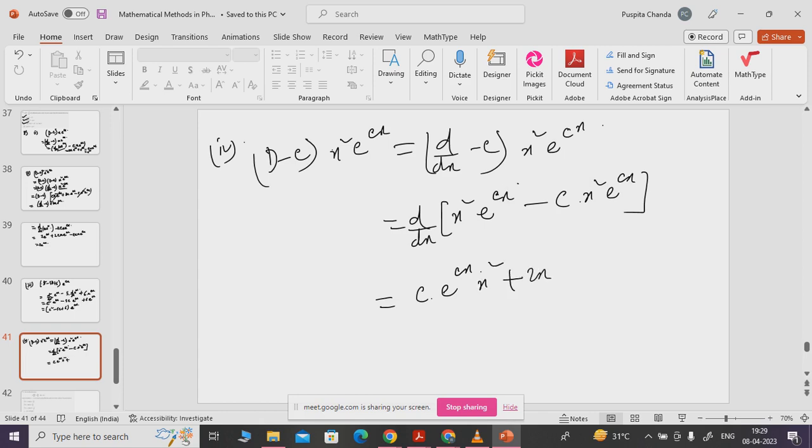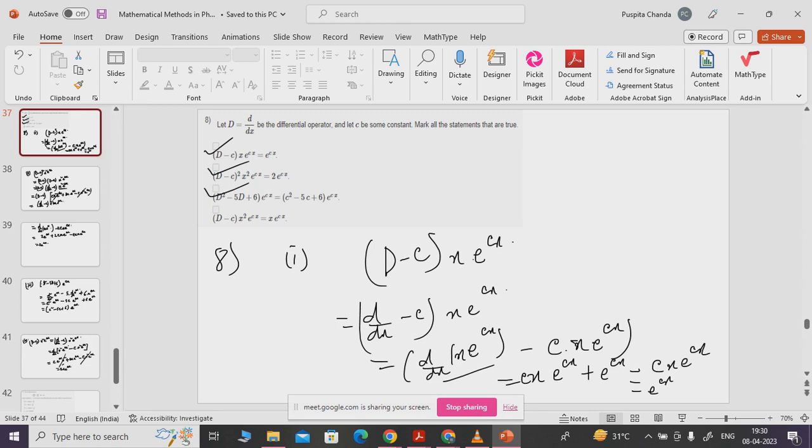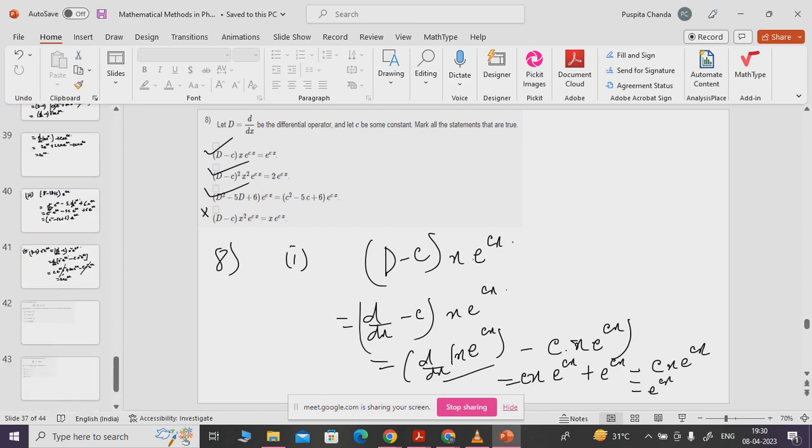So it will be c e to the power cx x square plus 2x e to the power cx minus c into x square e to the power cx. This is 2x e to the power cx. For cx, so here the 2x is missing, so it is not true.